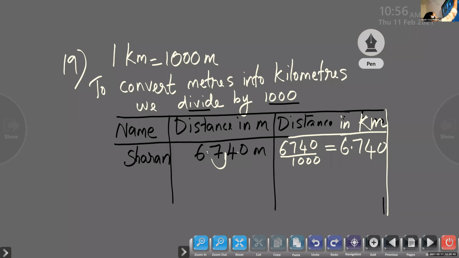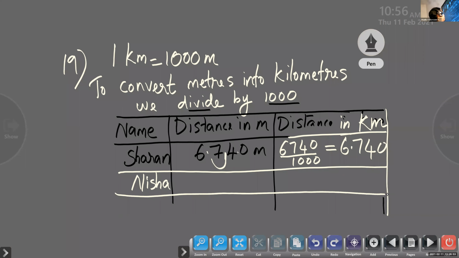Now children, write for Sharon, which is given. Then Nisha. After Nisha, you have to write for Aditi. After Aditi, what will we write? Arun.